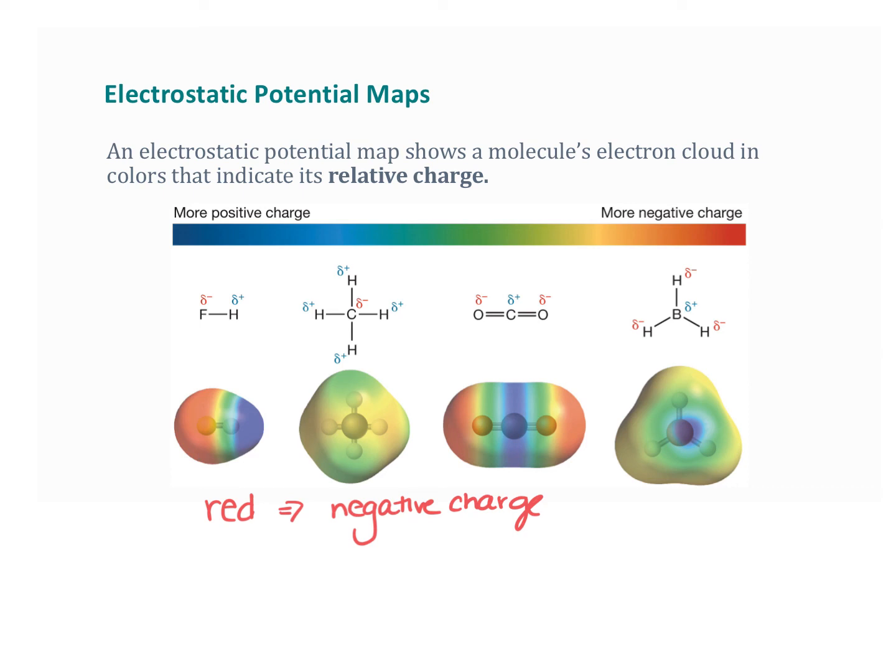We use blue to correspond to a buildup of positive charge, right? And so you can see here that we have a lot of positive charge. Now I want you to notice here, we've got some greens and yellows.